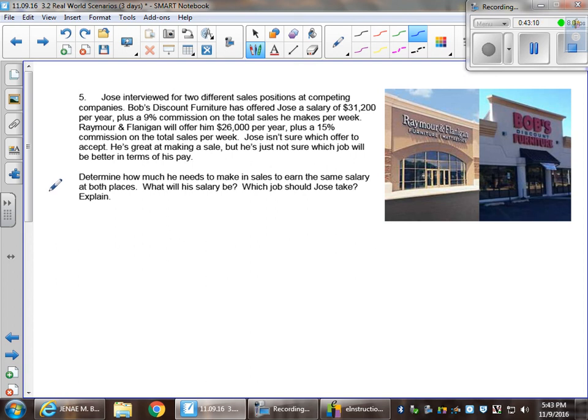What will his salary be? Which job should Jose take? Focus in on the question. It says determine, underline this with me. Determine how much he needs to make in sales to earn the same salary at both places. And once you've underlined the question, can you go look at the worksheet and tell me where does this fall on the worksheet?